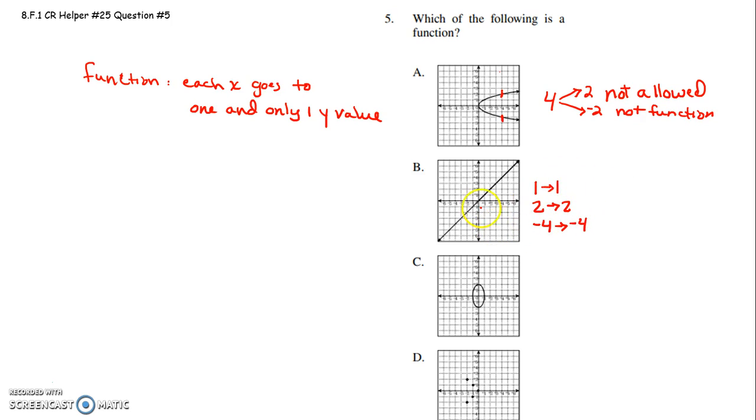So in this, you can see each x value is going to map to 1 and only one y value. And they don't have to be pretty x values. They could be 1/2, maps up to 1/2. So in this case, each x maps to 1 and only one y value.